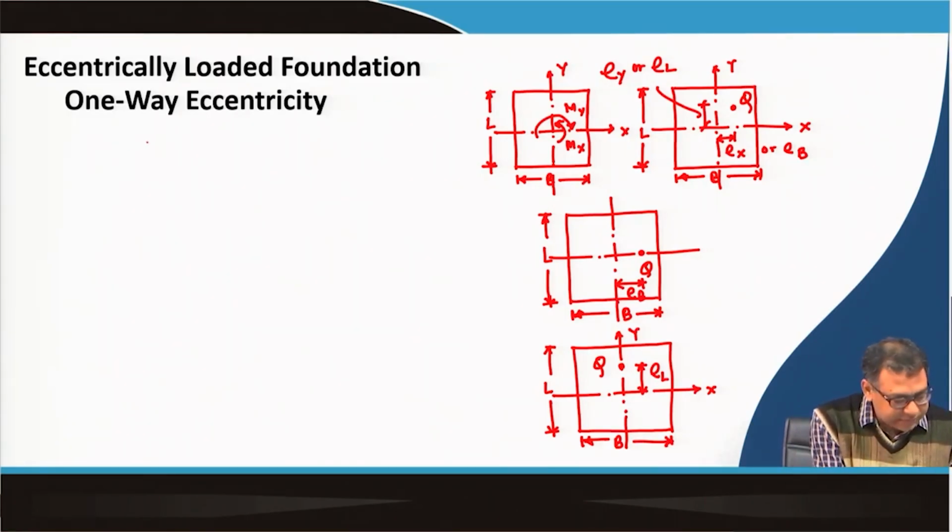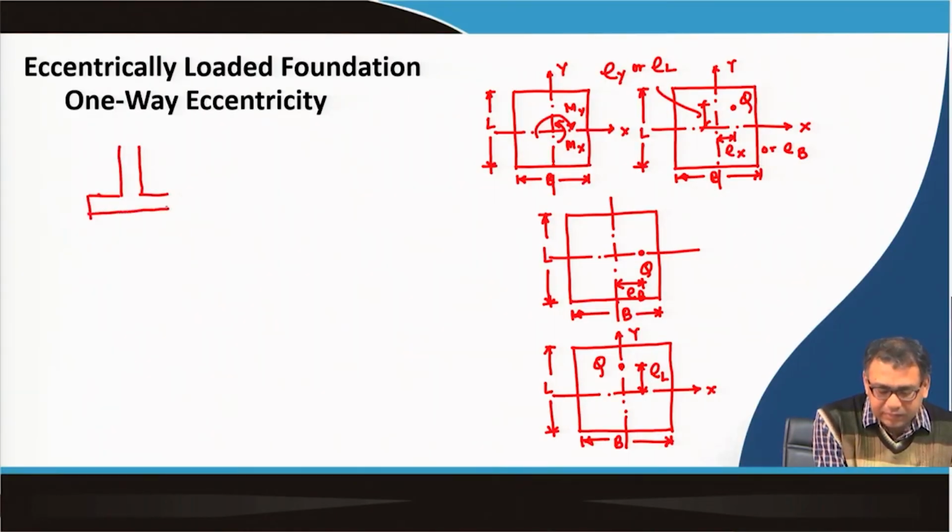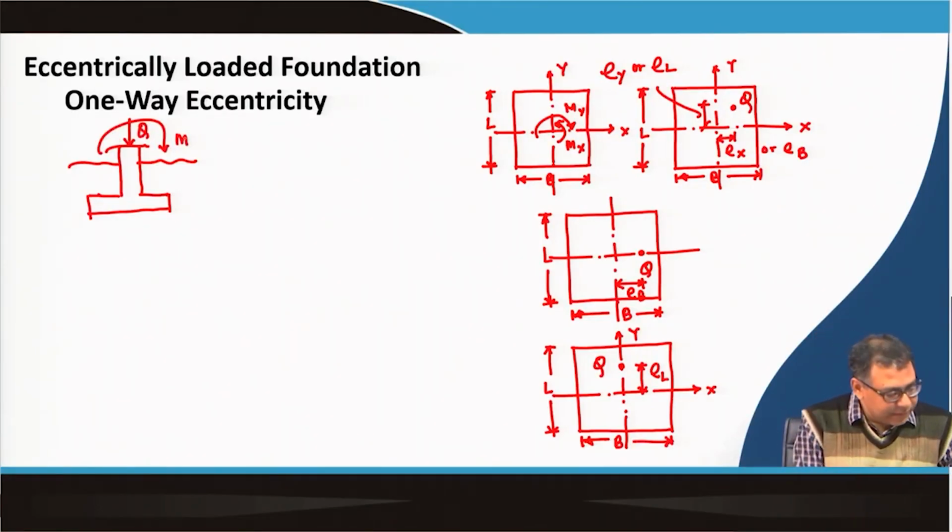If I draw the section, then I can draw it in this way: this is my footing, this is the ground surface. Here a load Q is acting, at the same time a moment M is also acting, and this is width B. So, in final form I can write it in this way.